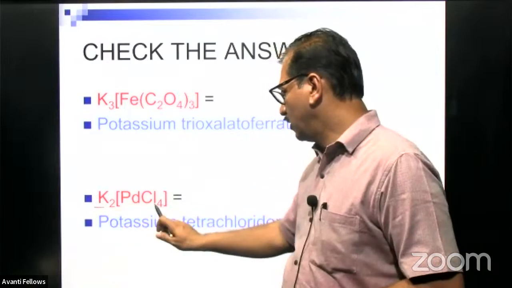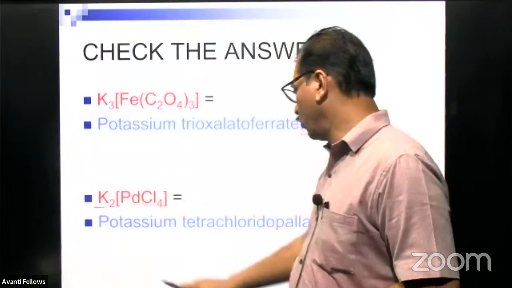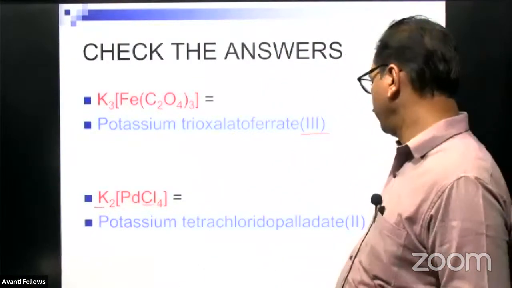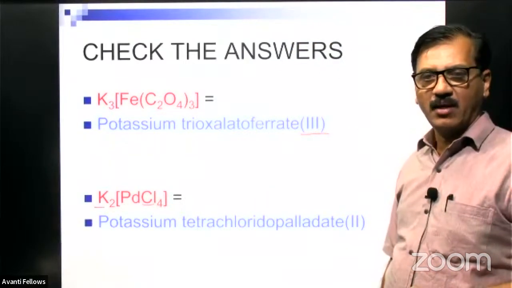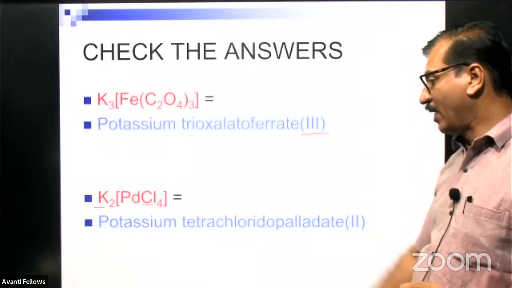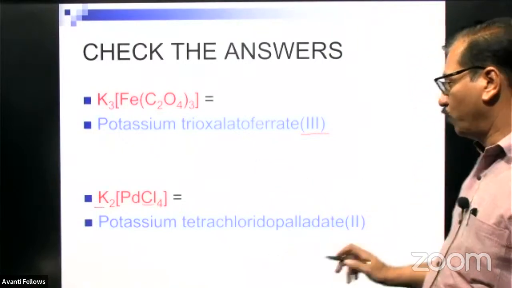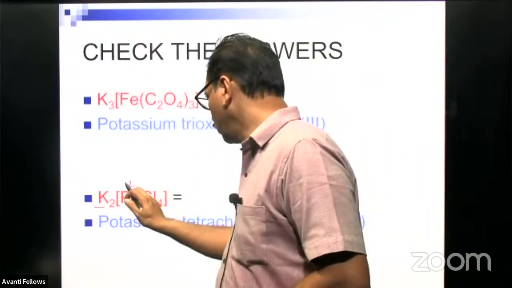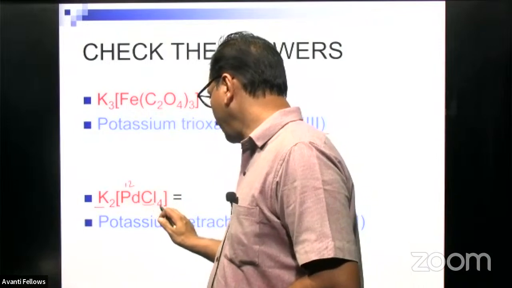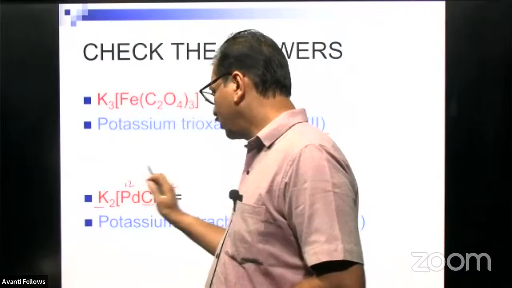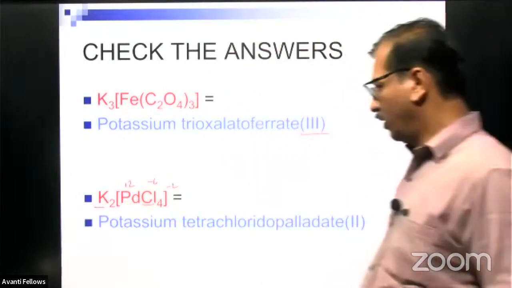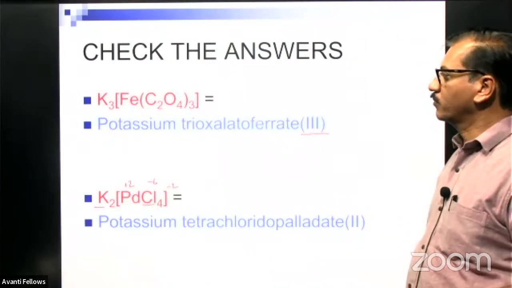Potassium tetrachlorido palladate, because it is not simply palladium but palladate, since it is an anion. Palladium is 2 plus, and -1 into 4 is -4, so the total charge is -2. Therefore, with +2 palladium, it is palladate 2. Correct.